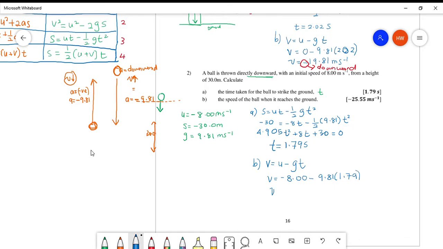So velocity kita akan dapat sama dengan negatif 25.55 meter per second. Just when it reach the ground, dia tak sampai lagi. Kita nak betul-betul waktu dia nak cecah dekat lantai, the last velocity before it hits the ground. So basically kita akan dapat dia negatif sebab dia downward. Okay, habis untuk free fall motion.